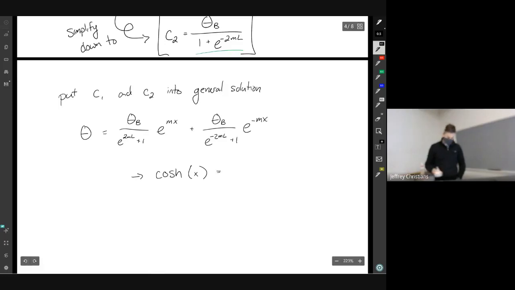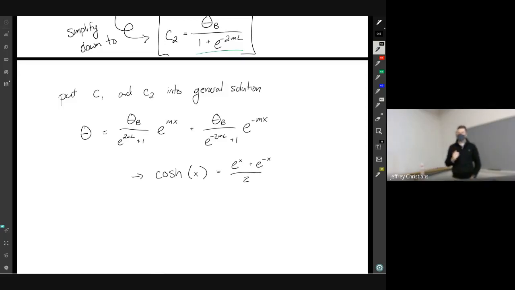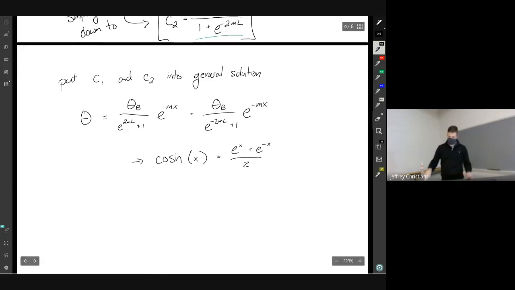So cosh is e to the x plus e to the minus x over 2. So if we wanted to, let's represent this with cosh instead of exponentials. It'll actually make it a little bit more straightforward.